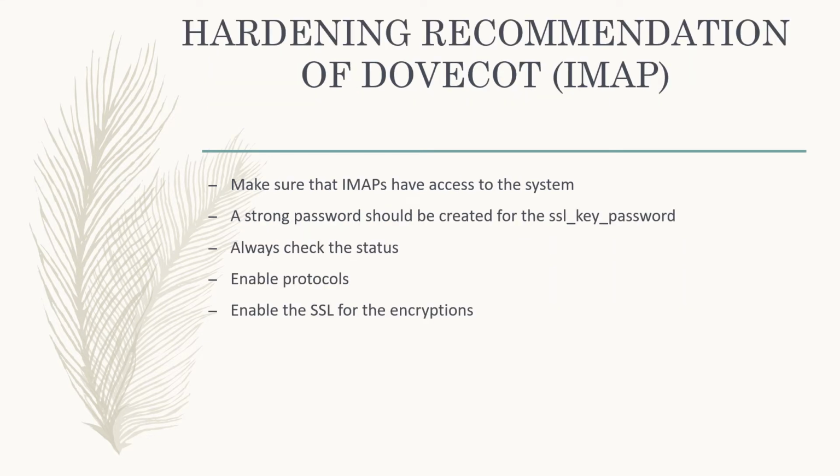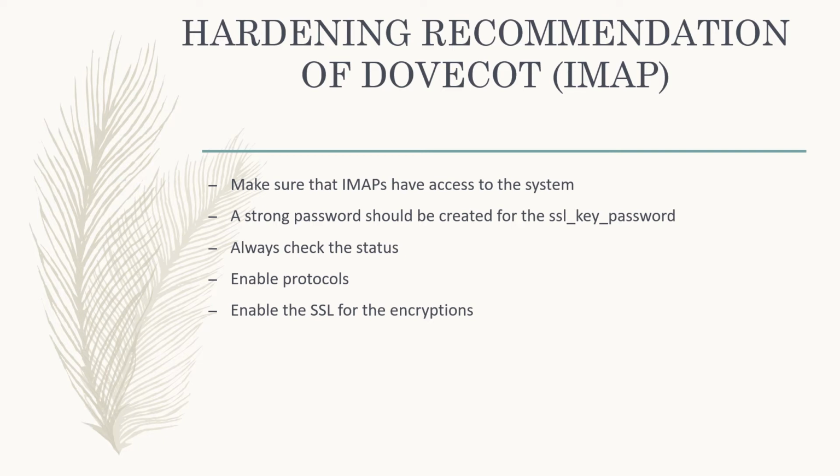Okay, so the hardening recommendation for Dovecot. To harden Dovecot, you have to make sure that the IMAP have access to the system. You have to make sure that the password you created for the security encrypt is very strong, meaning it's something that cannot be accessed by an individual, making it difficult for the attackers to go into it.